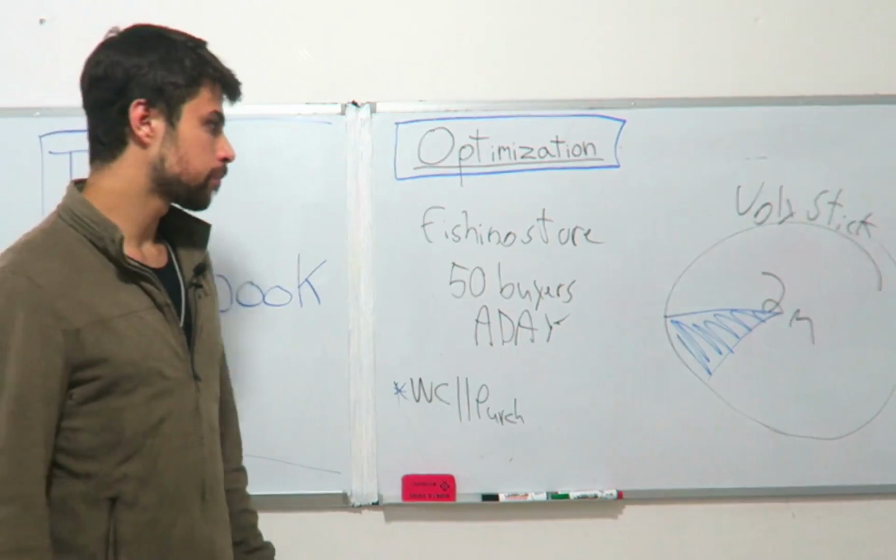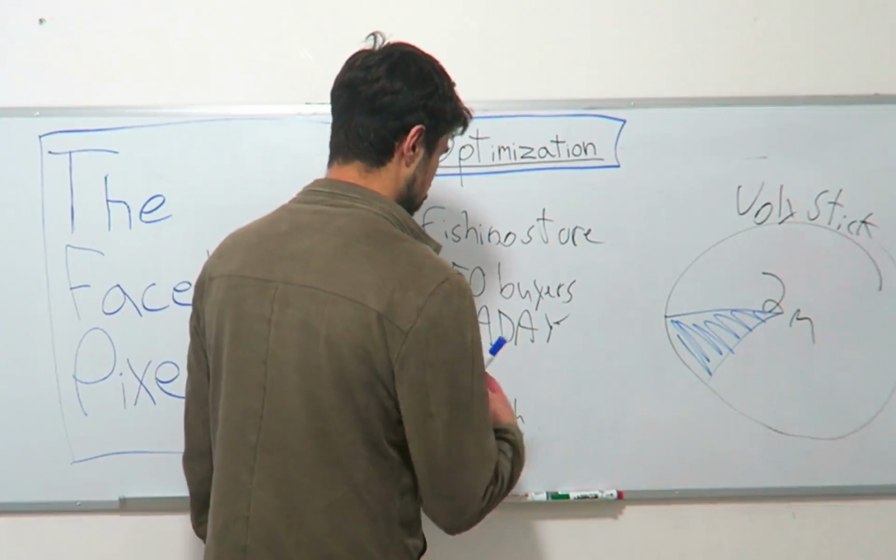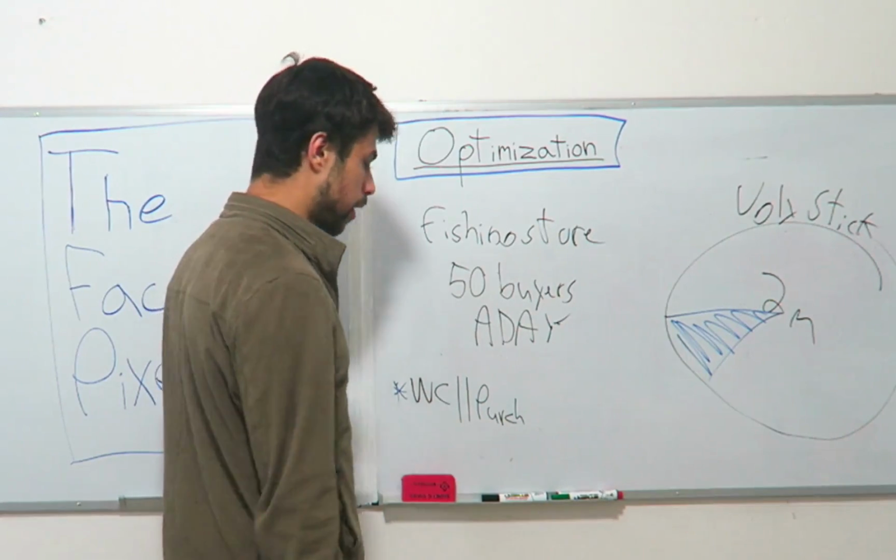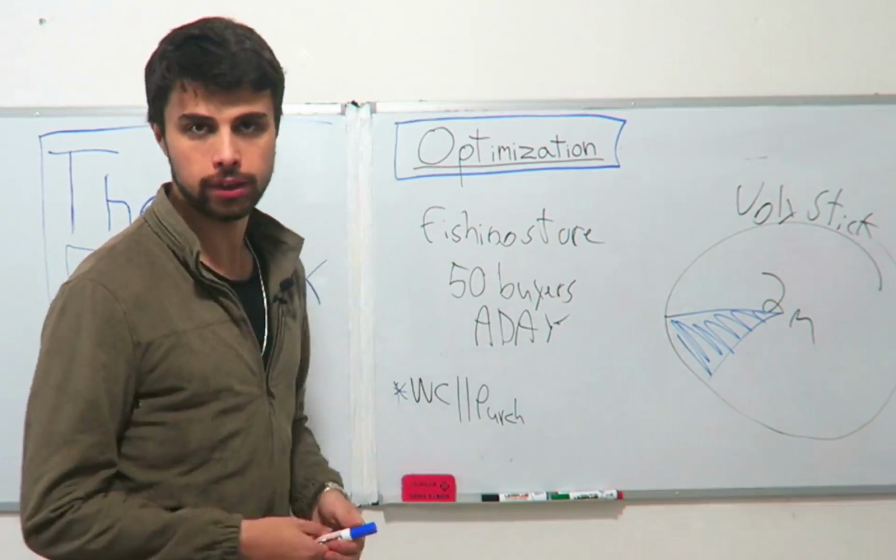But what happens if your store or your niche or whatever you're offering is a bunch of random things combined?